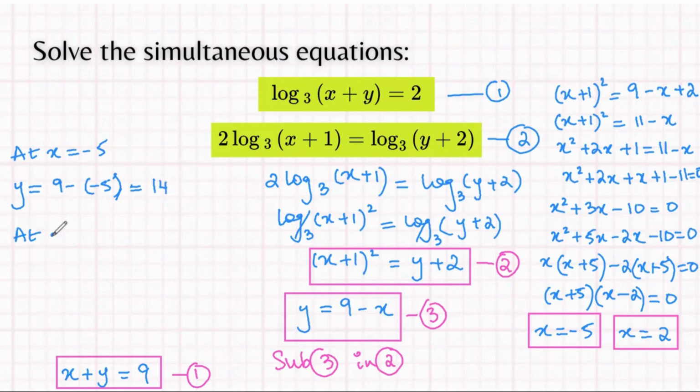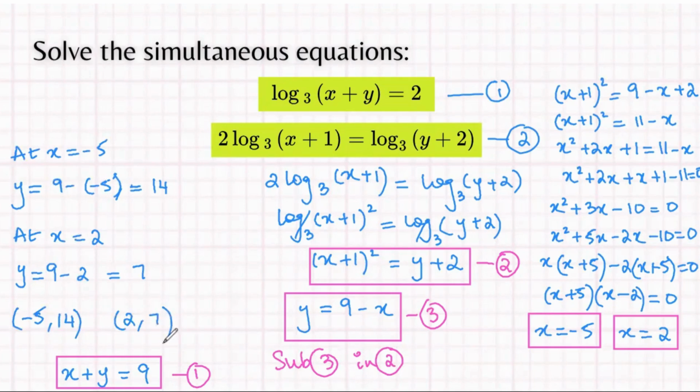And at x equals positive 2, y is going to be 9 minus 2, and that is 7. So if you write it as coordinates, when x is negative 5, y is 14, and when x is 2, y is 7. This is your solution to this set of simultaneous equations.